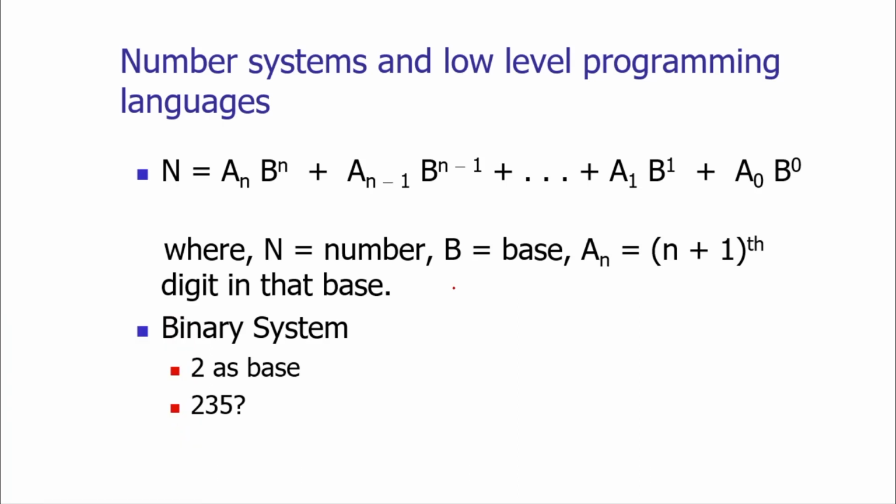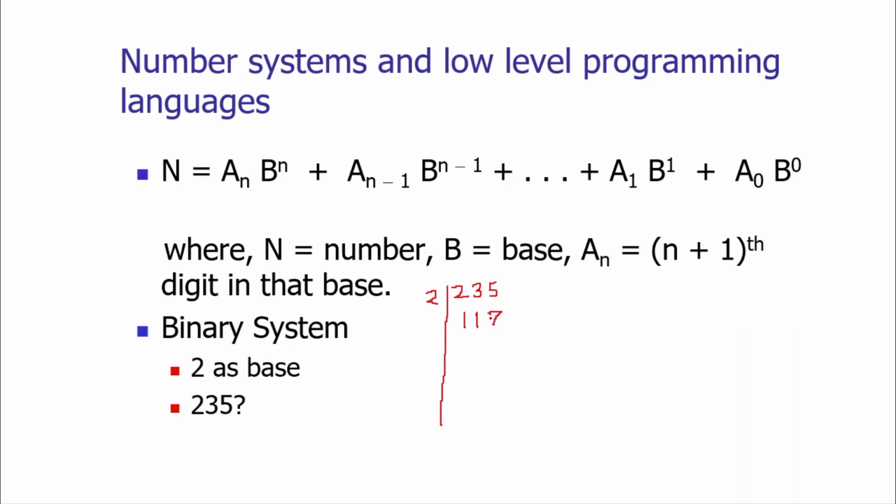To convert the number 235 with base 10 into its binary equivalent, I will just divide this number by 2 and find the remainders. 2, 3, 5. I will divide this by 2.